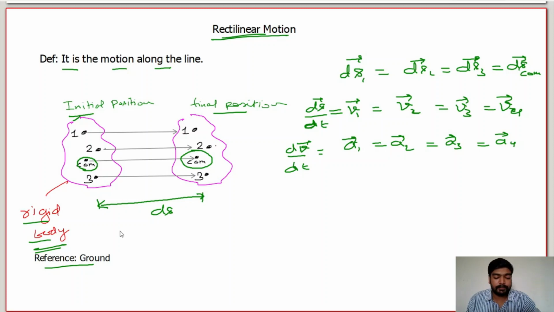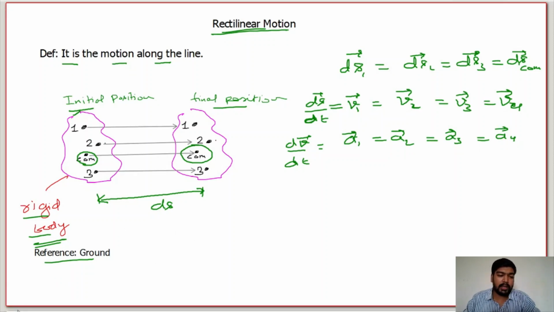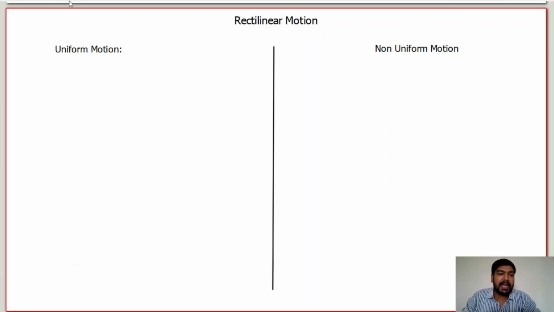So let's move to the types of rectilinear motion. Rectilinear motion can have two kinds, as you have all heard: uniform motion and non-uniform motion. What is uniform motion? Uniform motion is the motion in which velocity remains constant.